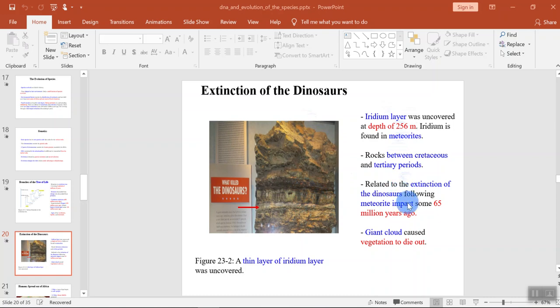A meteorite impact occurred some 65 million years ago, created a giant cloud that enveloped Earth, caused vegetation to die out, which caused the extinction of 70% of the reptiles and birds, including dinosaurs.